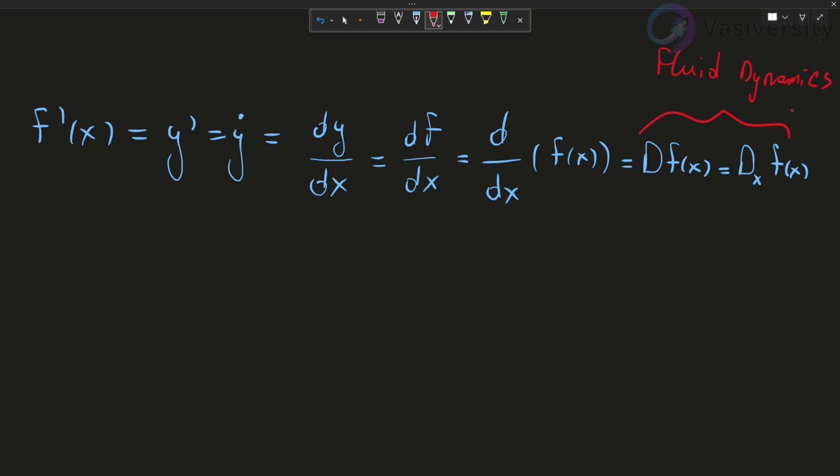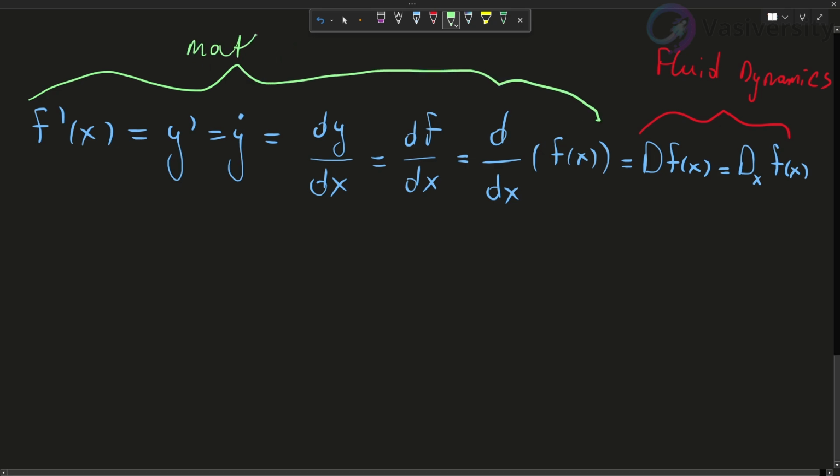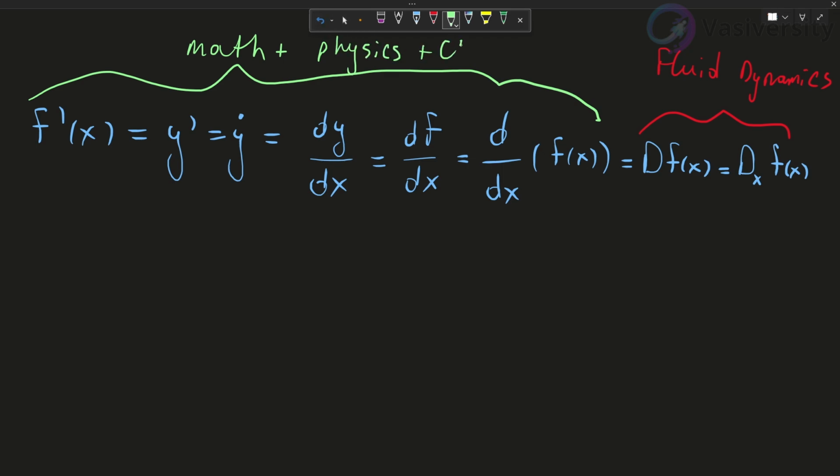So essentially they choose different notations themselves. The rest of them are math plus physics plus chemistry and any other possible sciences.